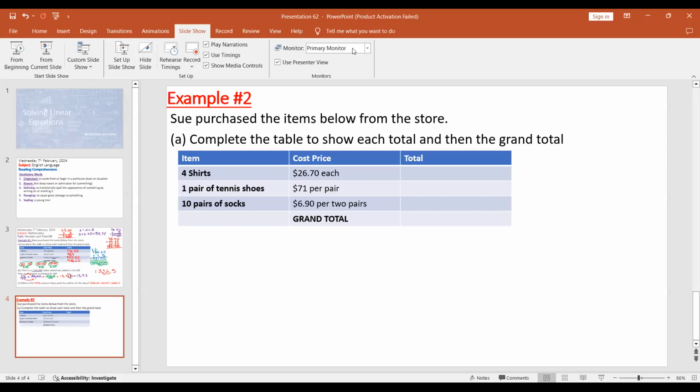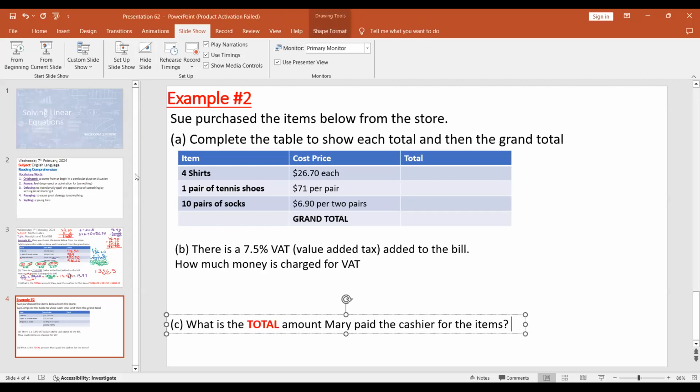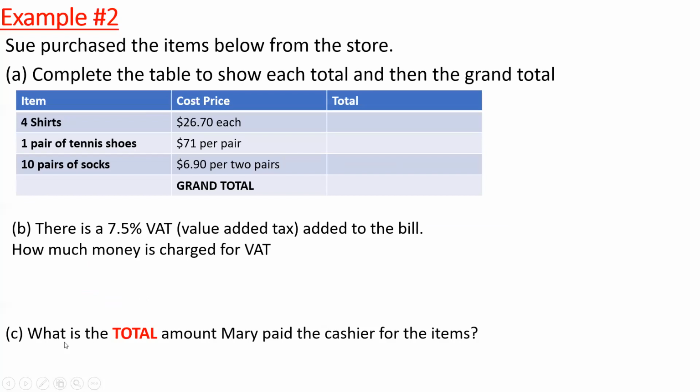Okay, so let's go ahead and do it. In order for us to figure out the first question, we have 4 shirts. How are we going to do it? We're going to multiply 4 by what? $26.70. Very good. And what did you get when you multiply those two?